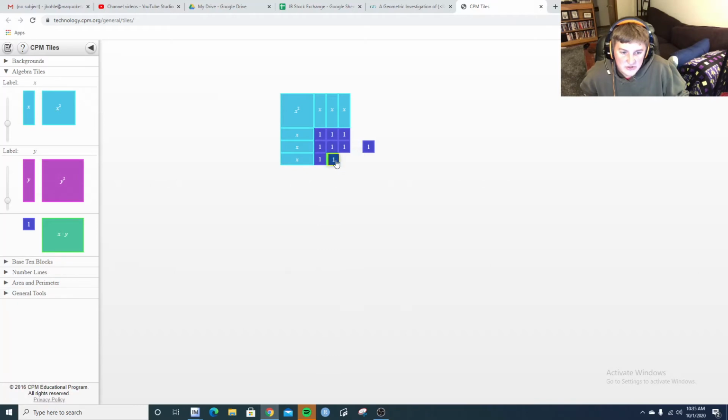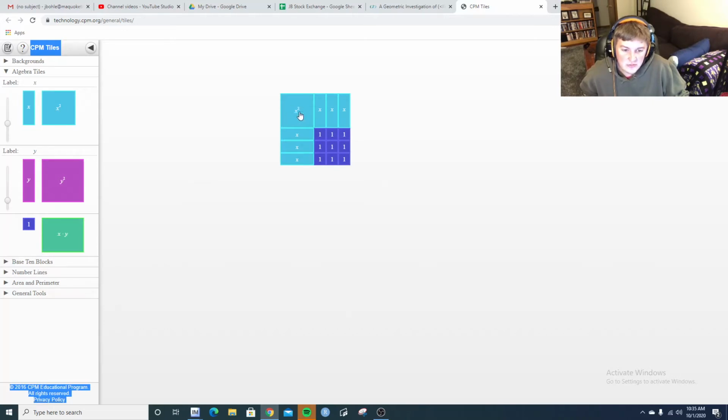Okay, but as you can see here, to create my rectangle, what ends up happening is that my first term is a perfect square, it's x squared. My third term is a perfect square also. As you can see, it creates literally a square here, square of 9. There's 9 pieces here. So when your first term is a perfect square and your third term is a perfect square, you need to think about what's the root of this term and the root of this term.